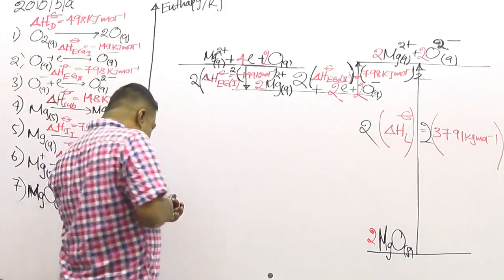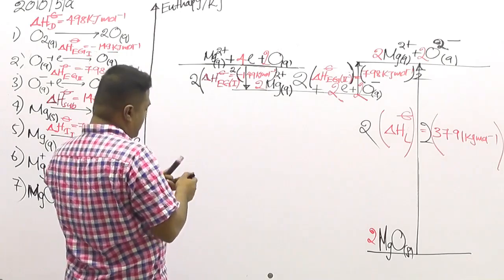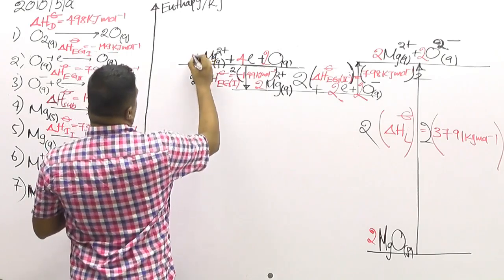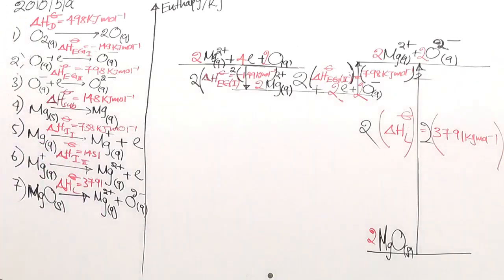So magnesium 2 plus, 2 of this, 6th balanced chemical equation.